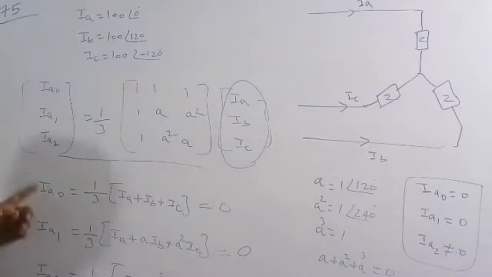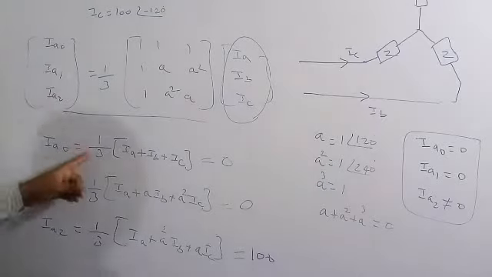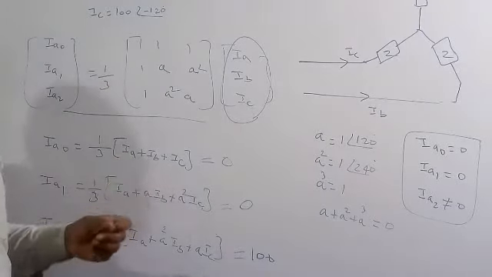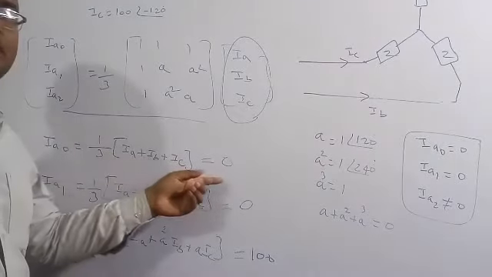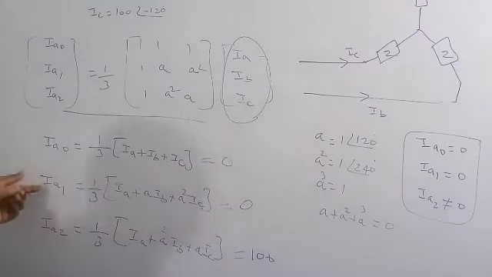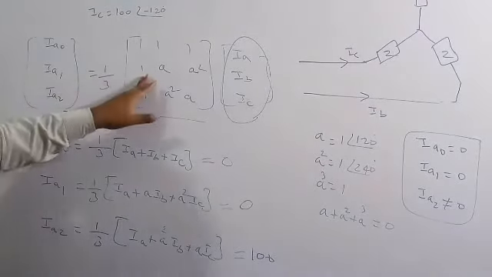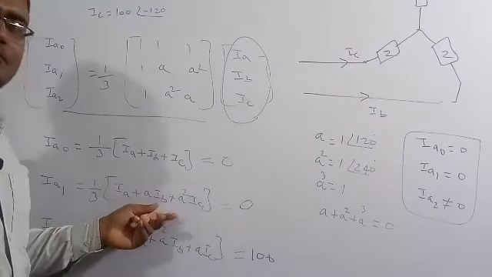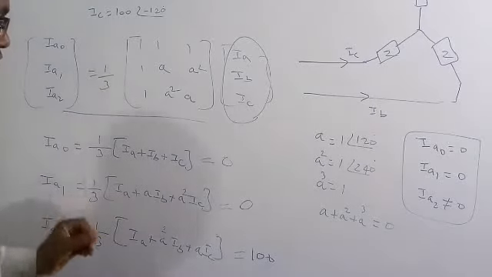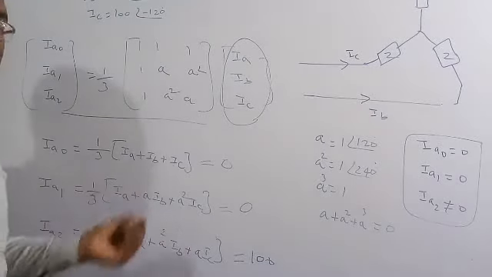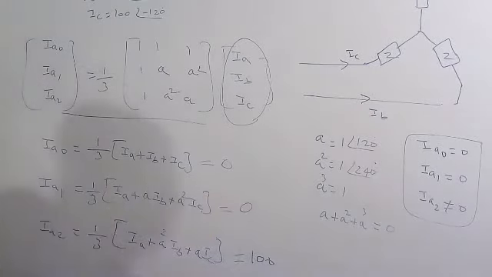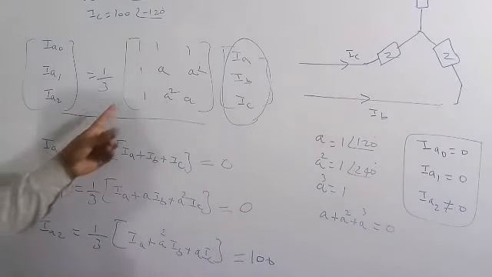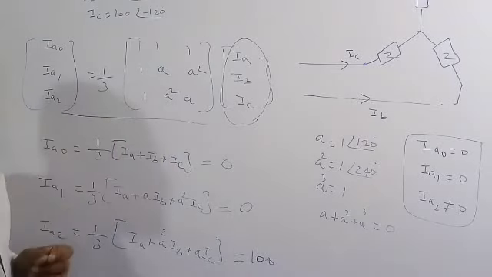So now I need IA0. Therefore 1 by 3 into IA plus IB plus IC. Now IA, IB, IC I know, so I am going to substitute them. Finally I am going to get 0. And similarly IA1 is equal to 1 by 3 times IA plus A into IB plus A square into IC. If I do the calculation, because I know the value of A and also the value of the line currents, after substituting those values I am going to get 0 ampere. And similarly IA2 is nothing but the negative sequence current. This is 1 by 3 times IA plus A square IB plus A IC.